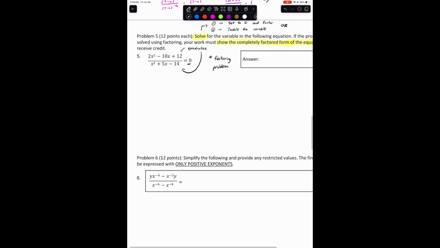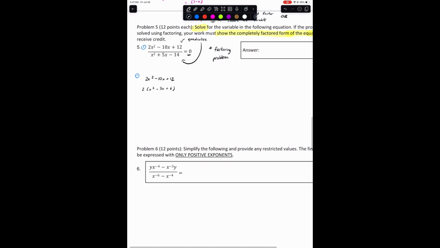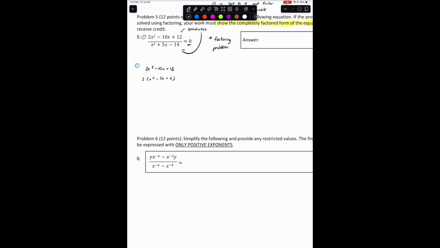Okay, let's start with the top first. Factoring the top, it's 2x squared minus 10x plus 12. I can factor that with 2, so I'll get 2 times x squared minus 5x plus 6. With the inside polynomial, I can factor that, looking for two numbers that multiply up to 1 times 6, so 6, and add up to b, negative 5.